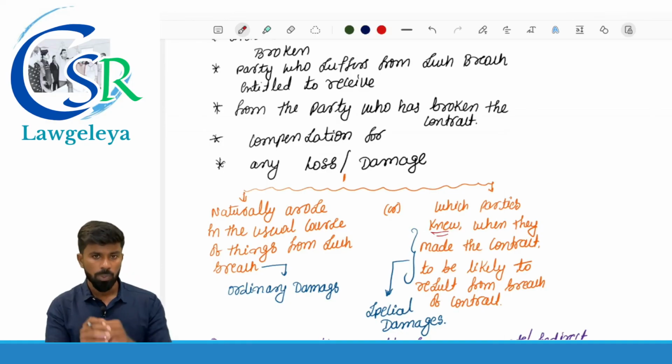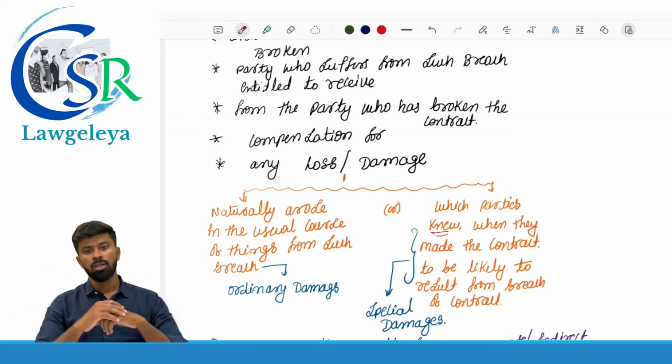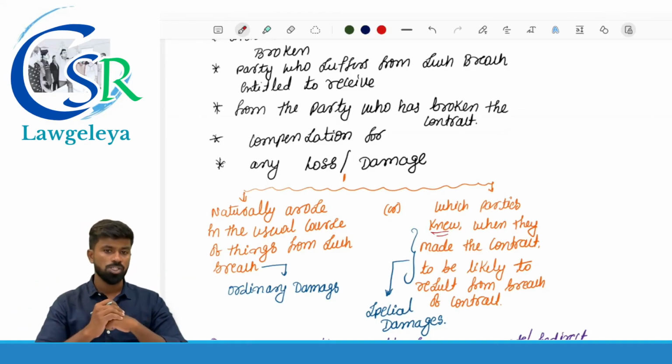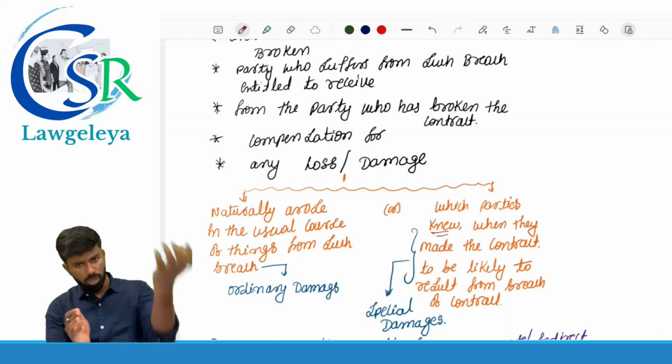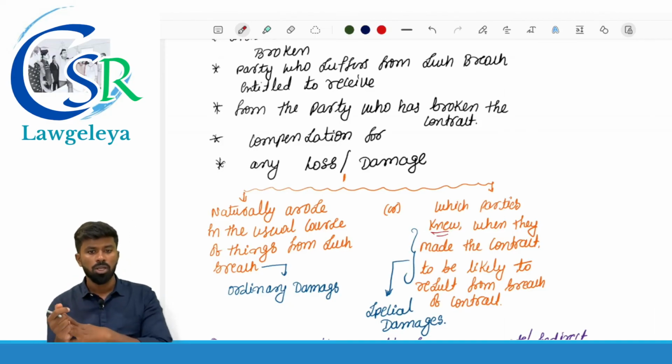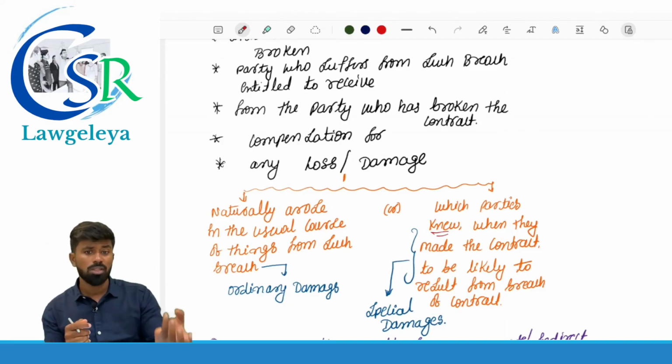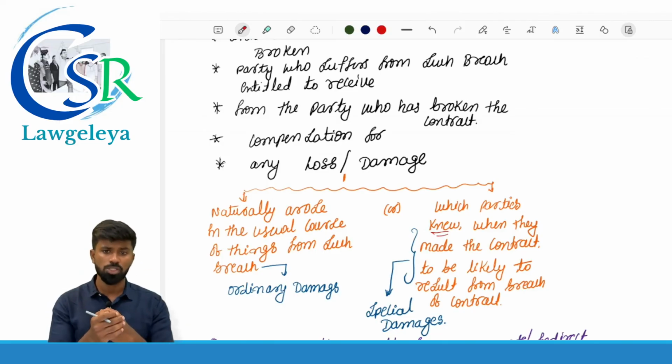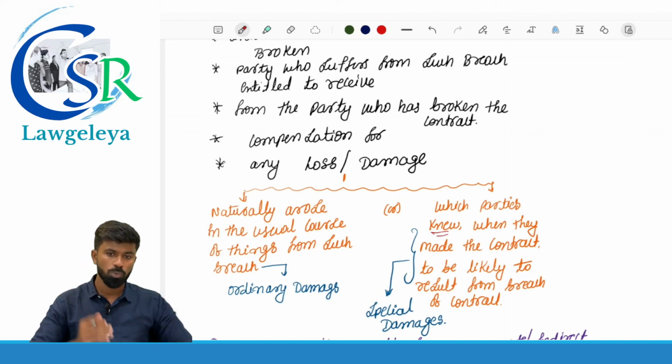I repeat, when the contract is broken, the party who suffers from such breach is entitled to receive from the party who has broken the contract compensation for any loss or damage which naturally arose in the usual course of things from such breach, or which parties knew when they made the contract to be likely to result from the breach of such contract.